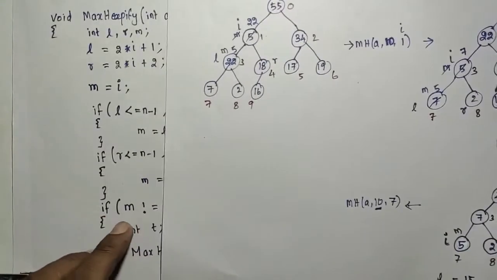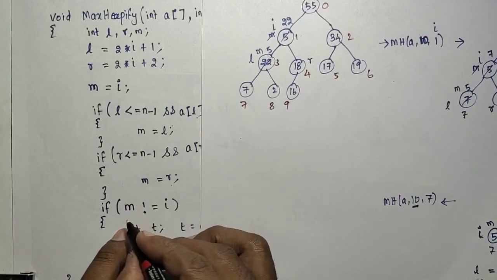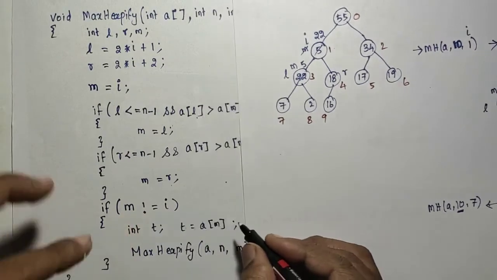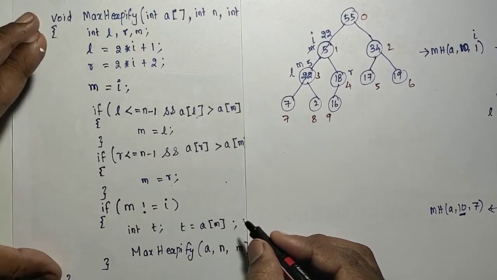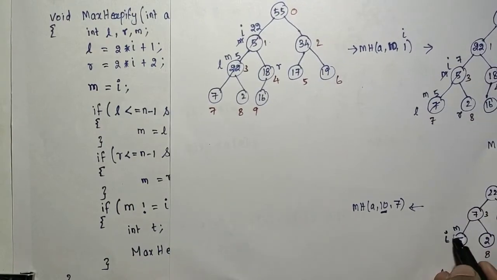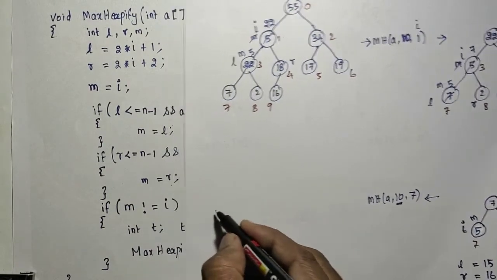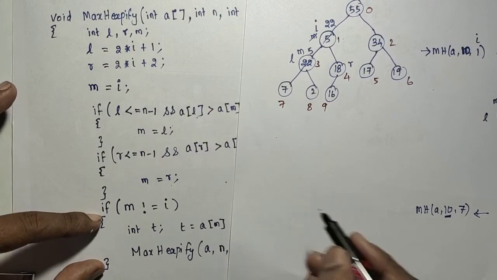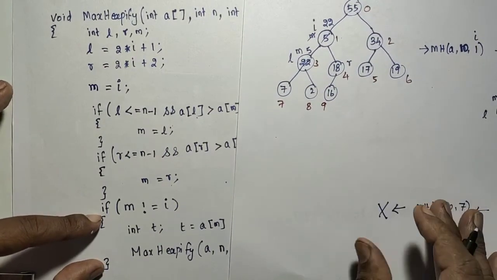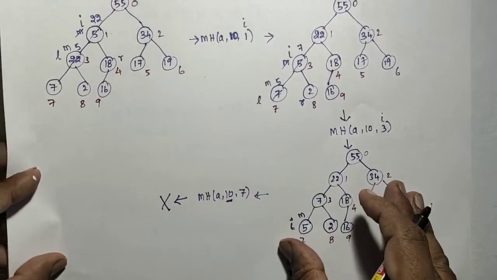That is why we are checking here: m is still pointing to i, so no need to do these things, just the end of this algorithm. Here m is equal to i, so it just skips these statements, no further recursive call, and it just returns to the caller.